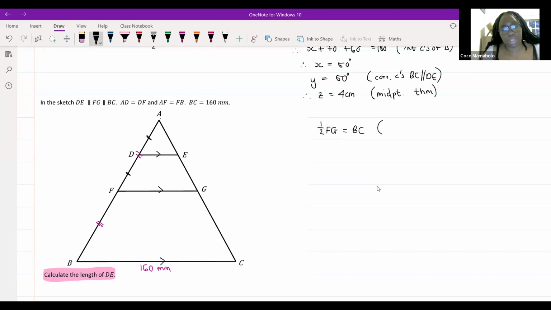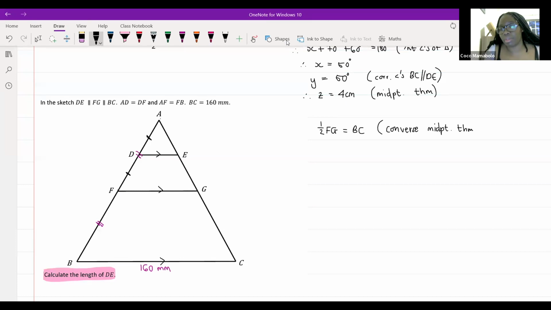And who can tell me what the reason is? Why can we say that? Remember, we're using the fact that these two are parallel and that they've given us those that are equal. So our reason would have to be the converse midpoint theorem. Because we use the fact that the parallel lines are there, we are doing the inverse of the theorem.